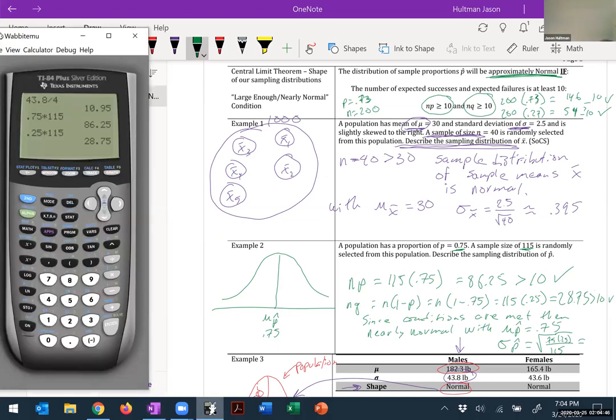So that's the square root of, and I'll put a parenthesis here because I'm dividing, 0.75 times 0.25 divided by the denominator, which is 115. And I get about 0.043. So it's nearly normal with mu of p equaling 0.75, so that's the mean, and the standard deviation is 0.04.